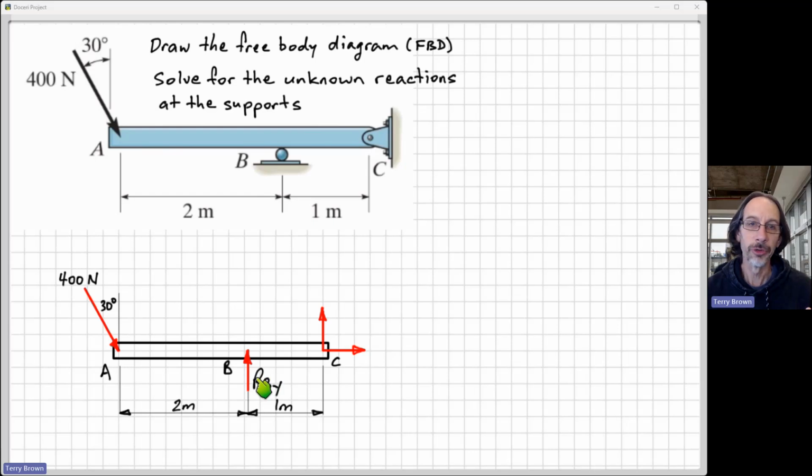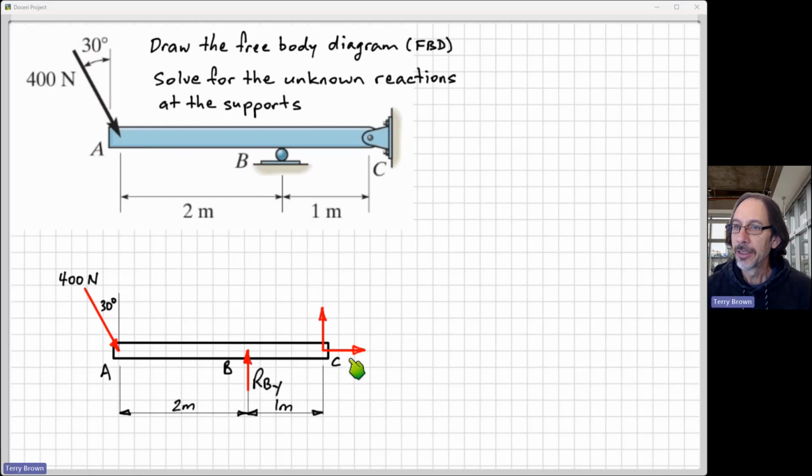So it's a force, or a reaction force. It's at point B and it's in the Y direction, which I haven't yet put a coordinate system on. I'm not sure if I do in the solution later on, but at the very least, when I write my equations of equilibrium, I'll indicate clearly what the Y direction is.